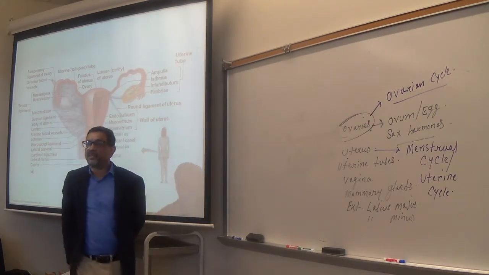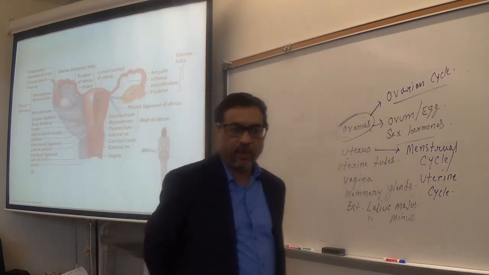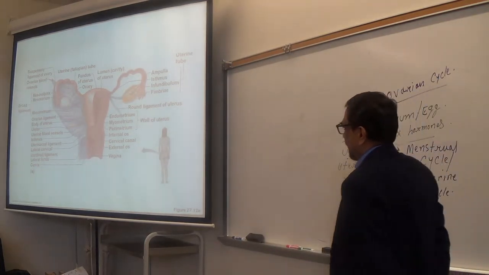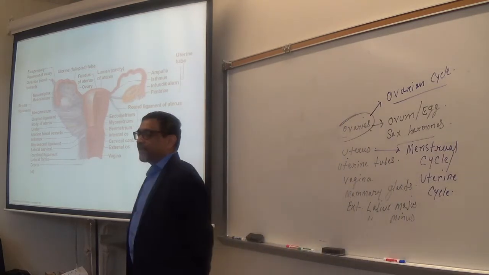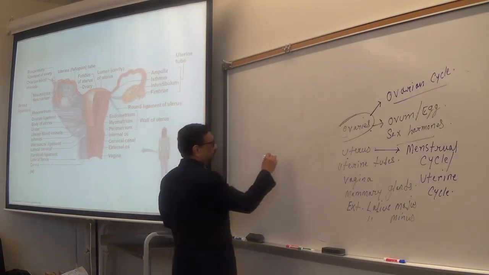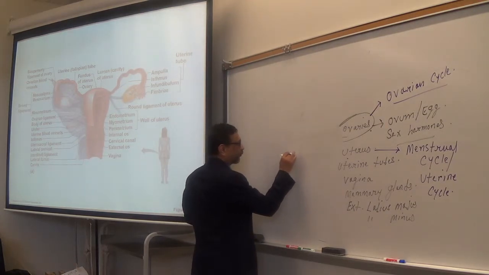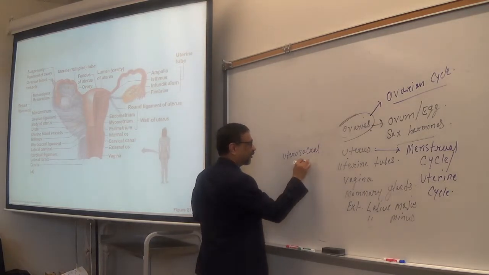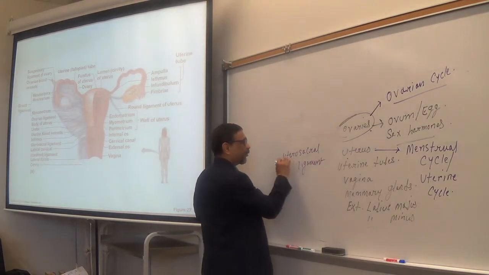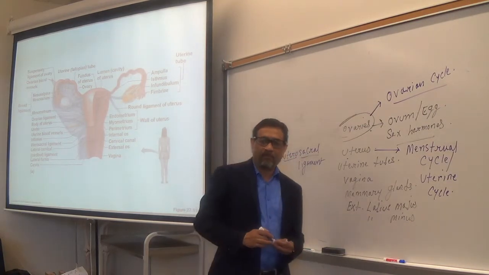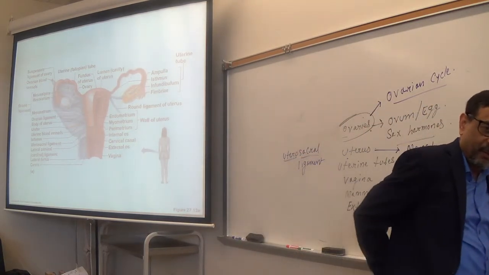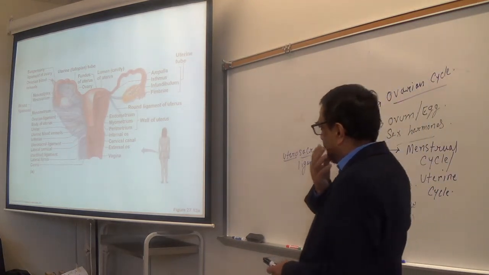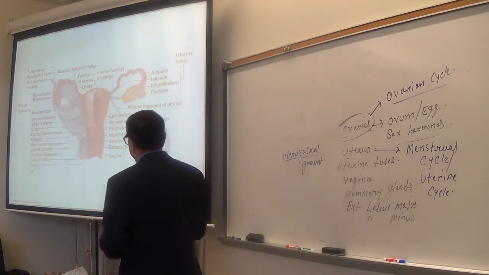So all those organs are supported or held by the broad ligament. So those are the important ligaments, okay? There is another ligament, you can write it down, called the uterosacral ligament, from the uterus to the sacrum. This is the sacrum, you know, the bone. So it goes from the uterus to the sacrum.